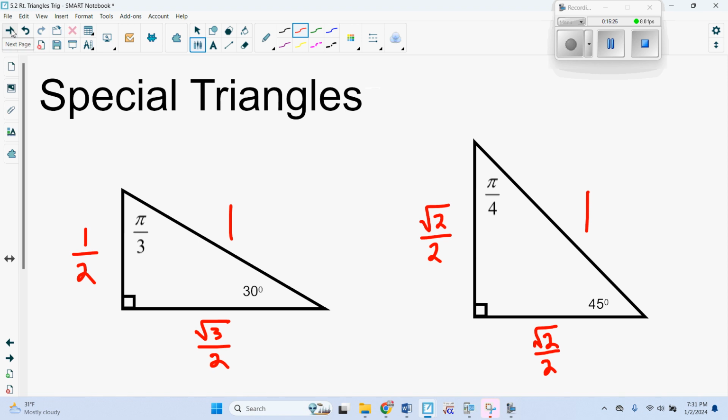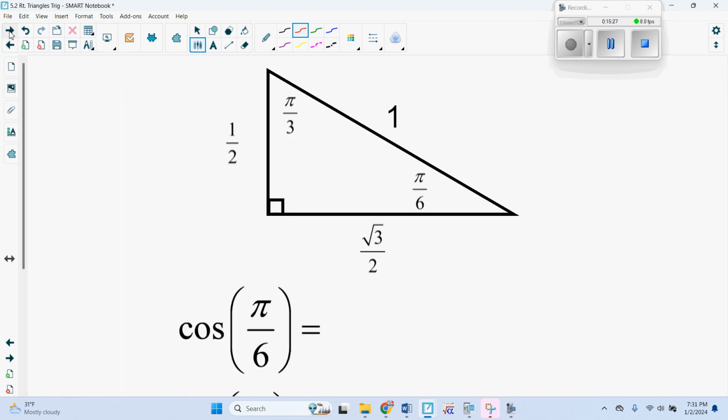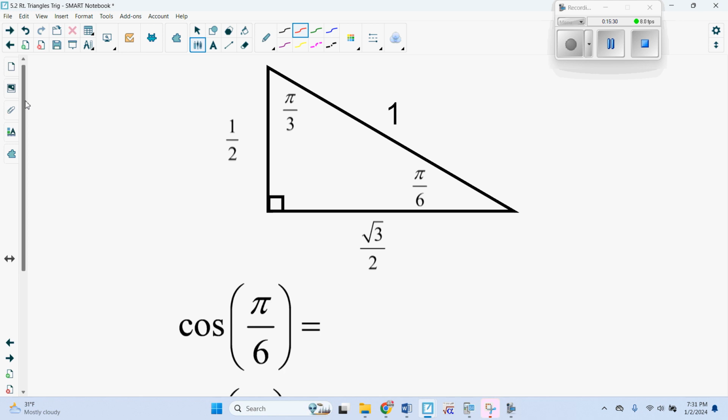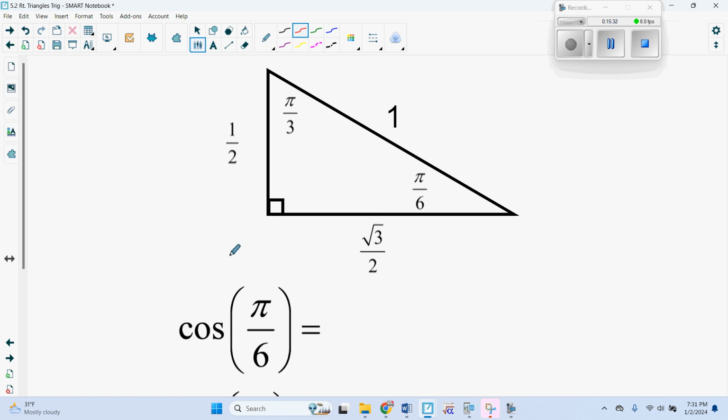Well, if we know we have one of these special triangles, we're able to evaluate what is cosine of pi over 6. What is cosine of 30 degrees? Cosine is adjacent over hypotenuse. But because all of our special triangles have the hypotenuse at 1, our cosine just becomes the adjacent side.